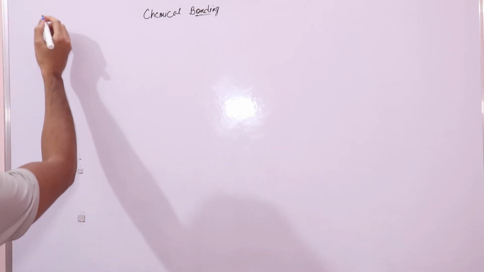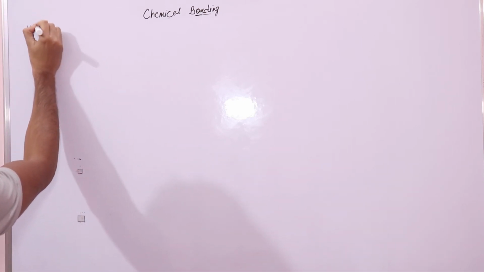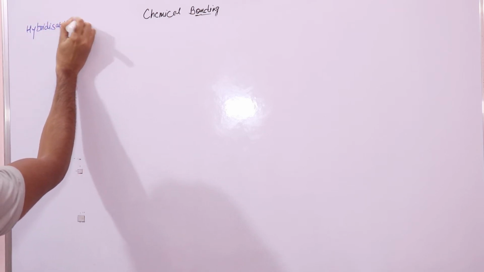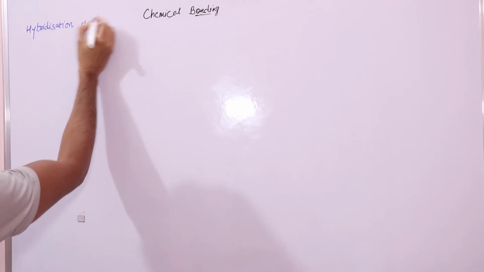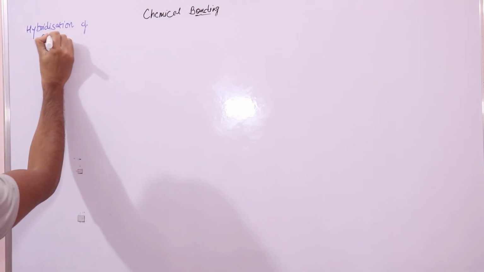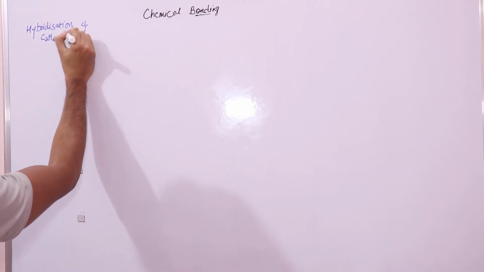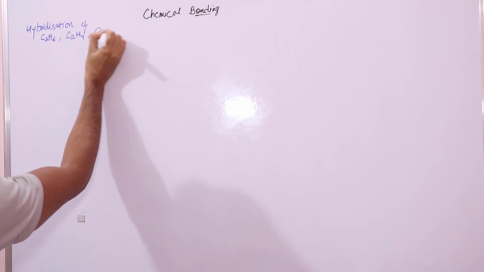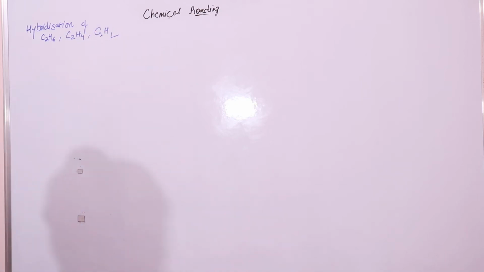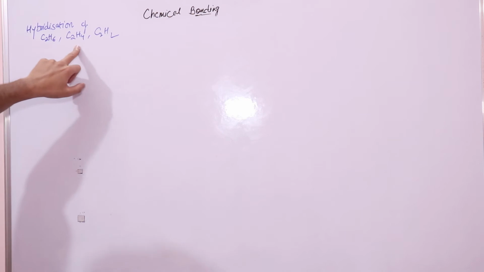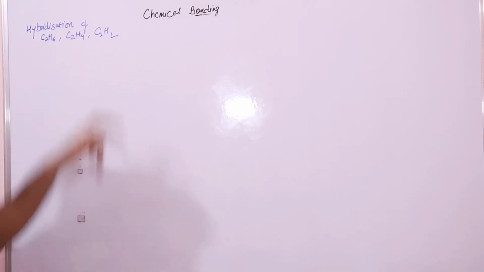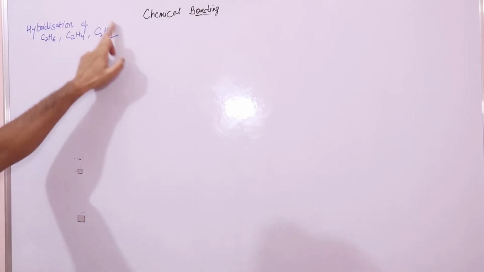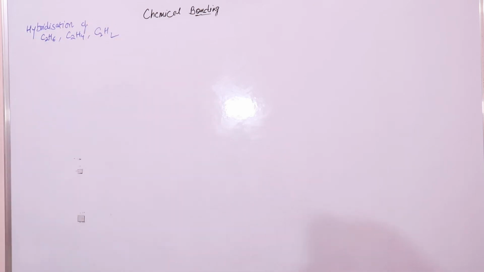So we'll be looking into hybridization of ethane C2H6, then you have C2H4, then you have C2H2, right? Ethane, ethene and ethyne, or we call it acetylene.